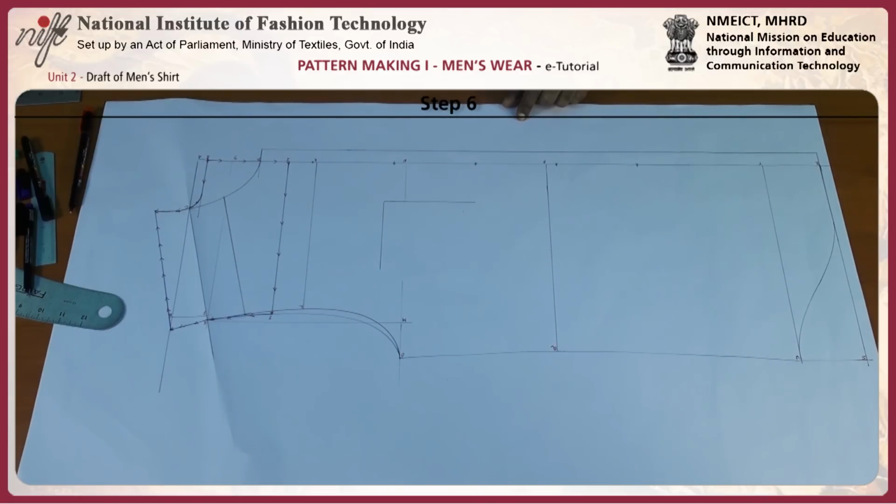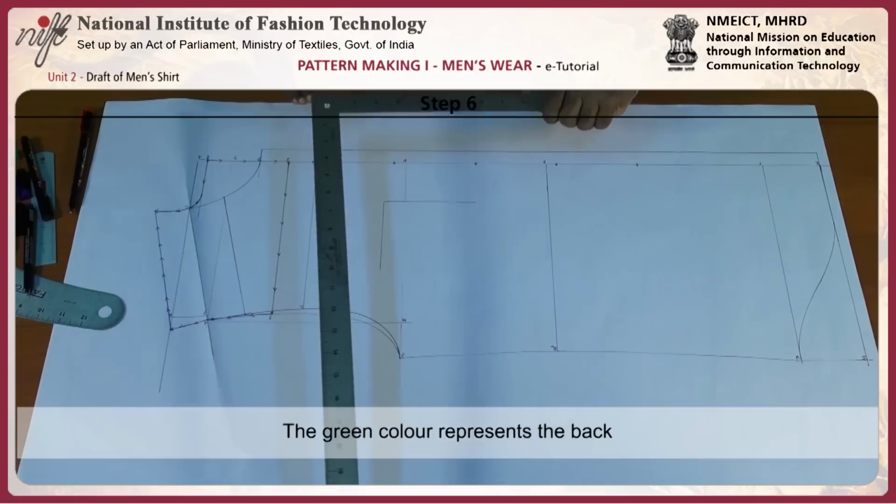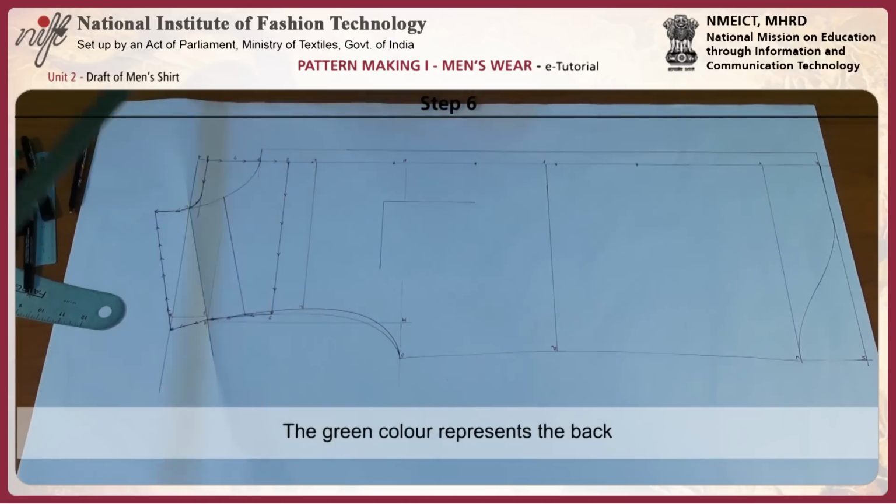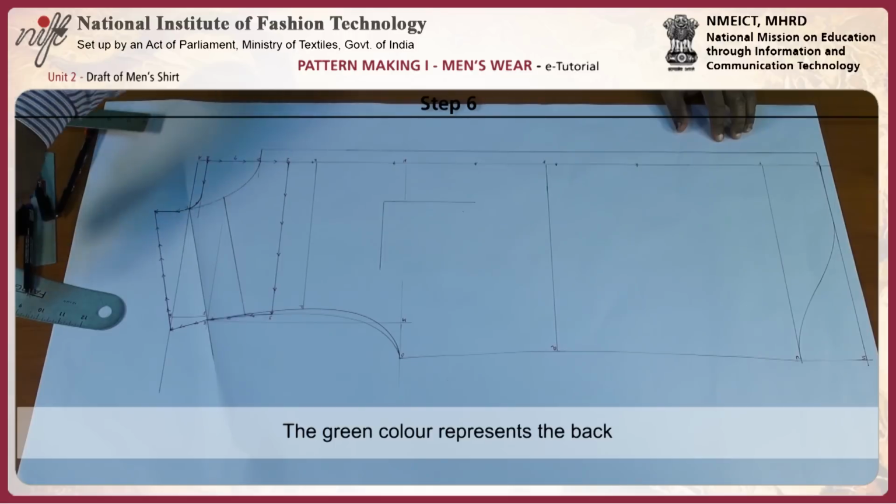Now the shoulder, the back portion should be shown separately, which I am going to show with the green color. Green color represents the back.